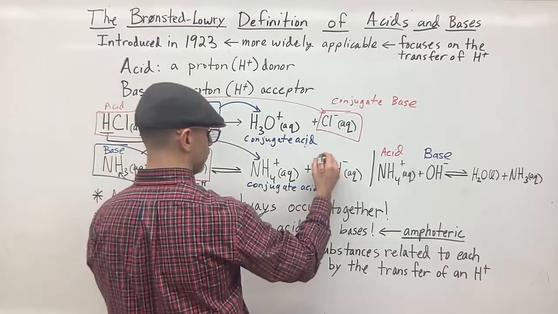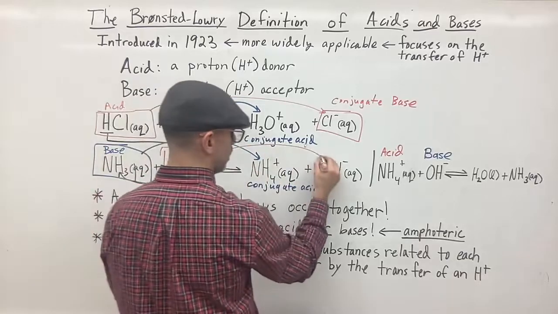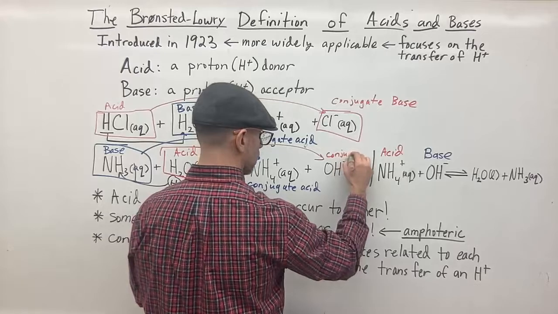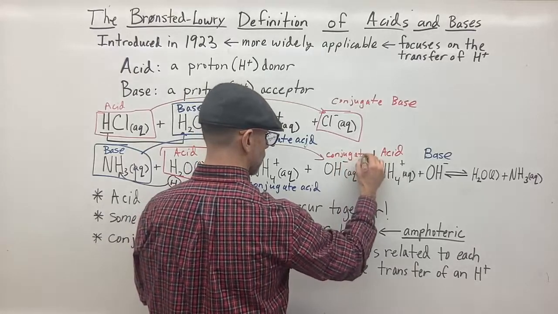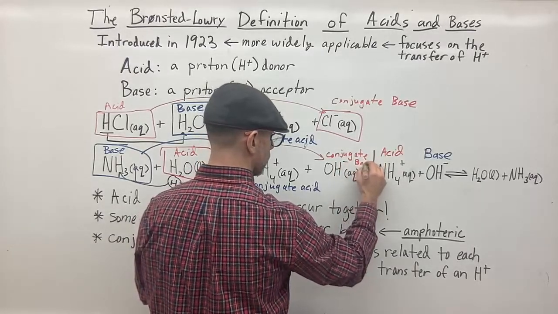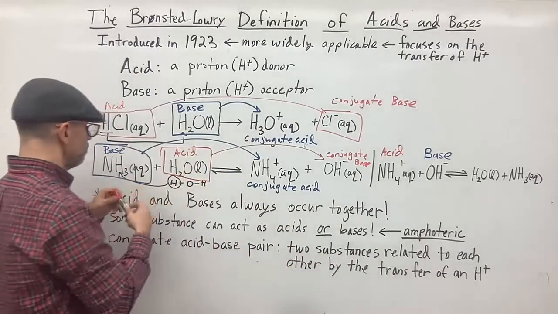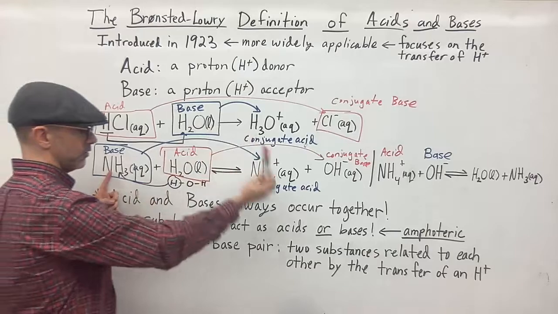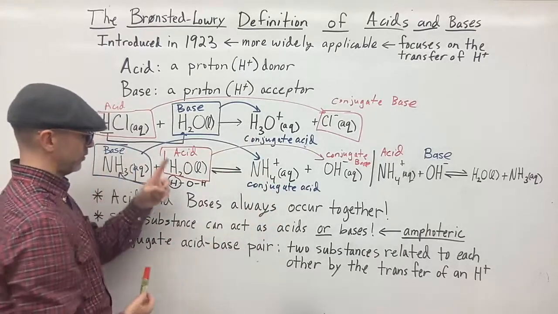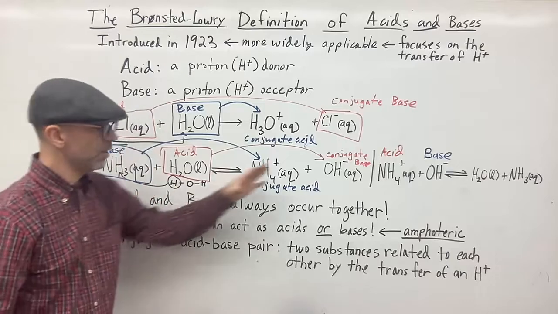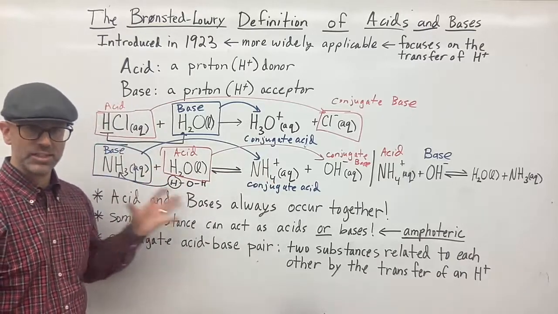So then this would be the conjugate base of this acid. So this is the base, this is the conjugate acid. This is the acid, this is the conjugate base. So that's what we mean by a conjugate acid-base pair.